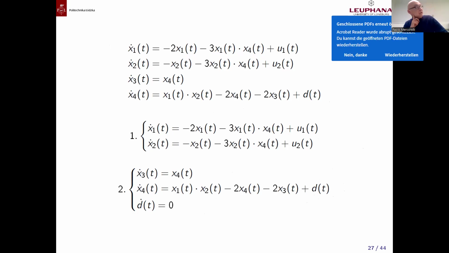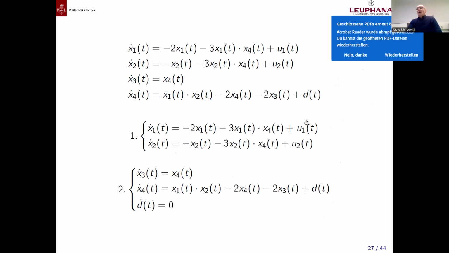But please pay attention. I told you many times, now we have the possibility to see it. This augmentation does not represent any non-linearity for the system. It doesn't matter if I split or don't split. It does not represent one, because we can see that D of T is an isolated signal.